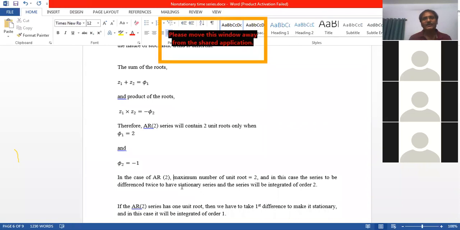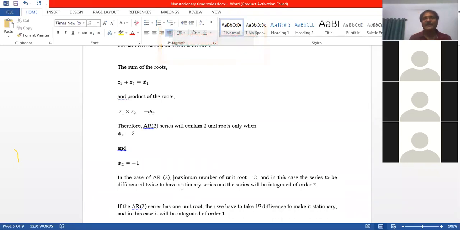In this case also the series is non-stationary with stochastic trend. If YT contains no unit root, YT in AR2 will be stationary. So YT in AR2 will be stationary if the values of the characteristic roots are less than 1.